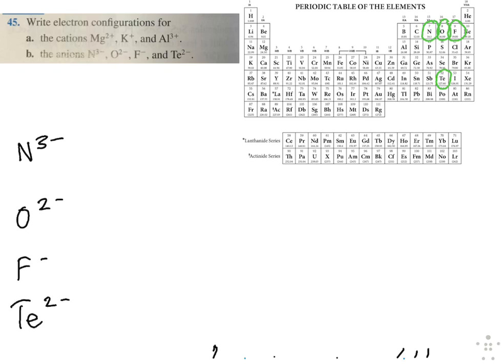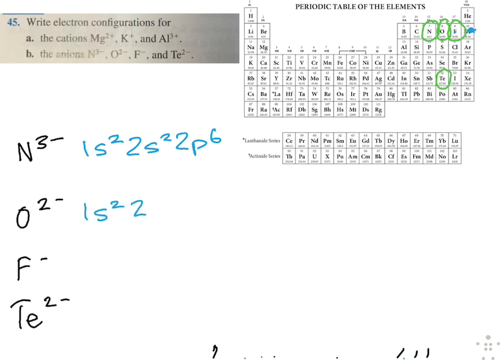Now for nitride, we are gaining 3 electrons, which means we had 7 electrons to start with. Gaining 3 means we're going to be over here where neon is. So the electron configuration for neon is 1s2, 2s2, 2p6. Oxide is gaining 2 electrons. That also will be isoelectronic with the neon noble gas.